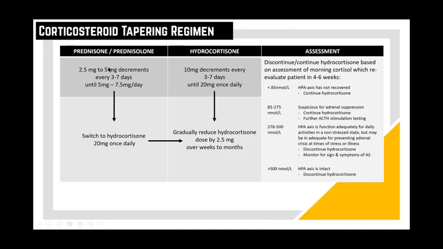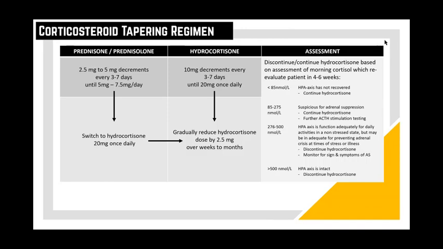Until it reaches 5 mg, they need to switch the drug to hydrocortisone 20 mg once daily. For the patient who receives hydrocortisone, they need to reduce 10 mg every 3 days up to 1 week. So the reduction of 10 mg is continued until it reaches 20 mg once daily.